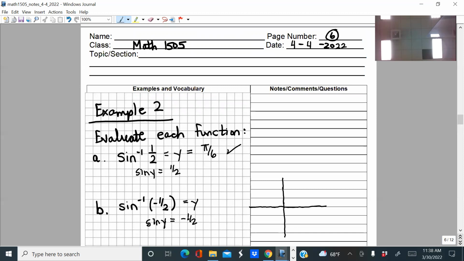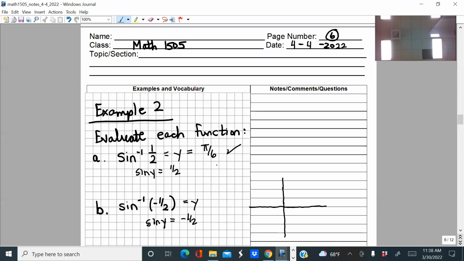Now it's got to be negative, so we have to make sure we're in the right quadrant, correct? So what would be your first shot at that? It's minus 1/2. If you take the absolute value, you get 1/2. So the reference angle has to be how much?